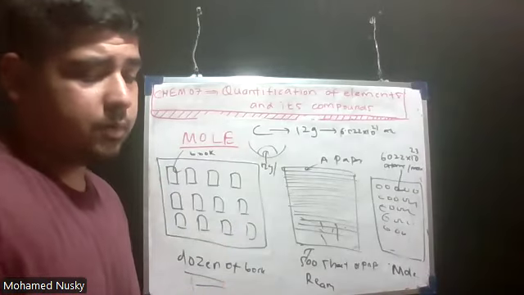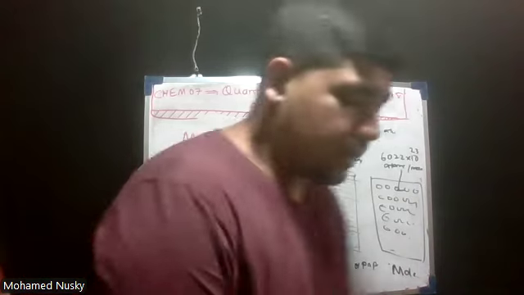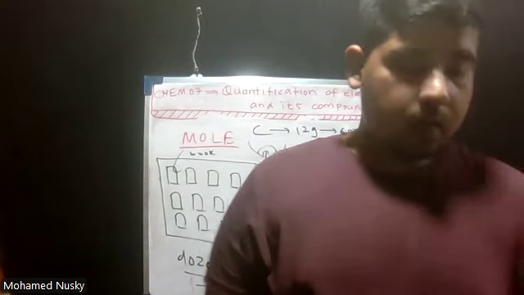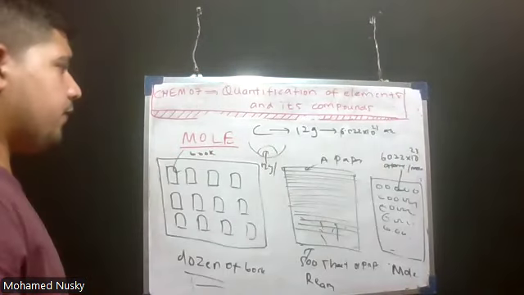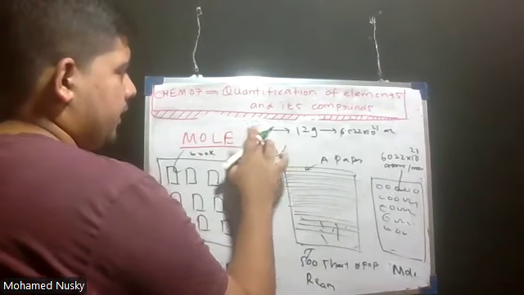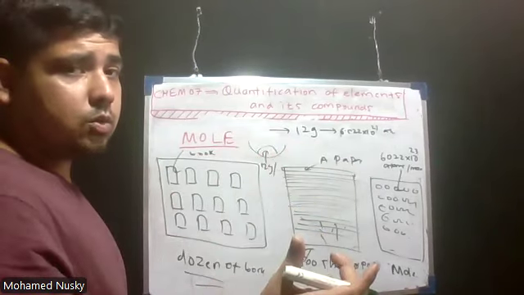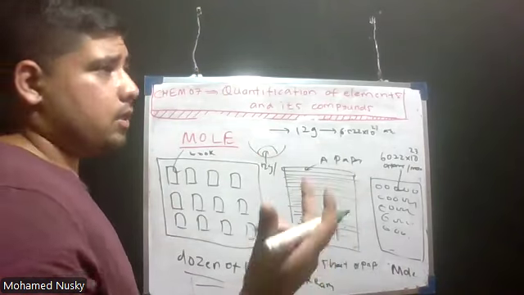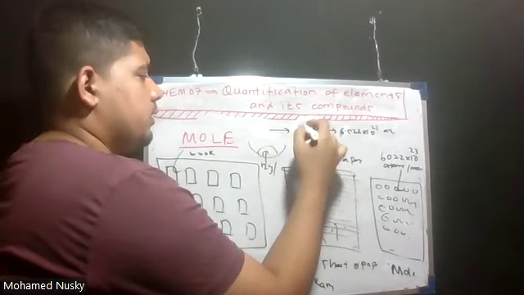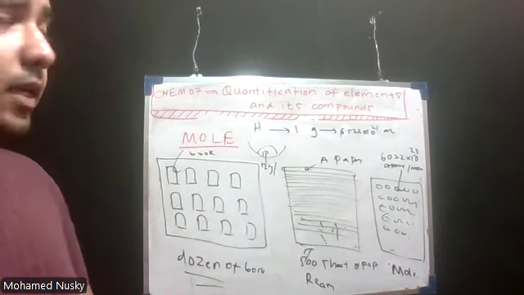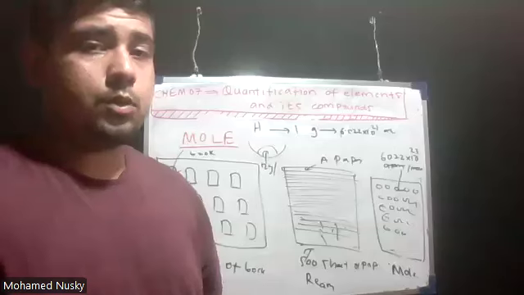Likewise, if I take hydrogen, I am taking 1 gram of hydrogen. That is the relative atomic mass of hydrogen, no? I am going to take 1 gram of hydrogen. Then how many atoms will be there? 6.022 into 10 to the power 23.